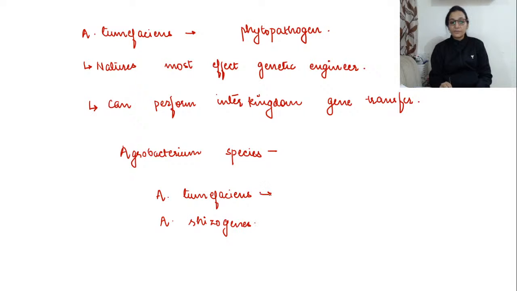Agrobacterium tumefaciens is responsible for causing one kind of disease, and Agrobacterium rhizogenes for another. Agrobacterium tumefaciens induces crown gall disease, and Agrobacterium rhizogenes causes hairy root disease.